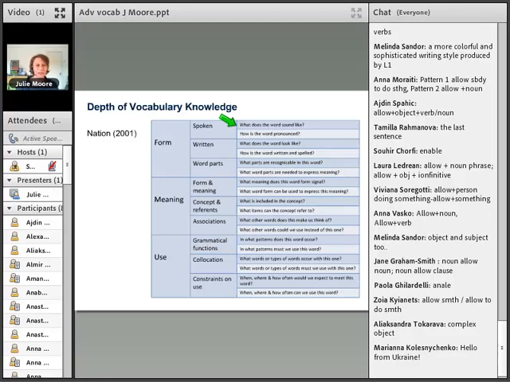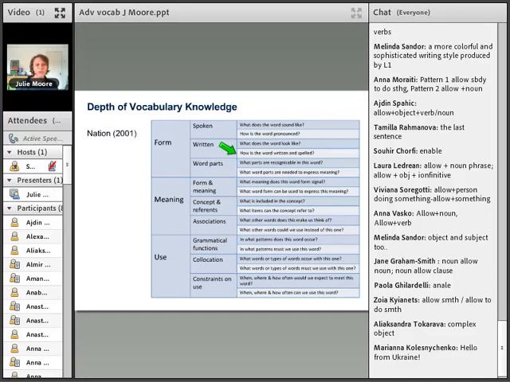Now, it's a little bit of a big table, but if we break it down, we can see that he's looking at three aspects of word knowledge. He's looking at all the things that we might need to know about a word in order to be able to either recognize it or use it. So he looks at form, meaning, and use.